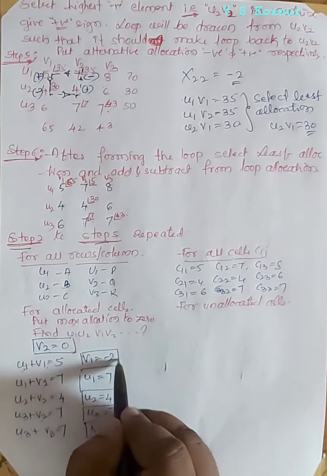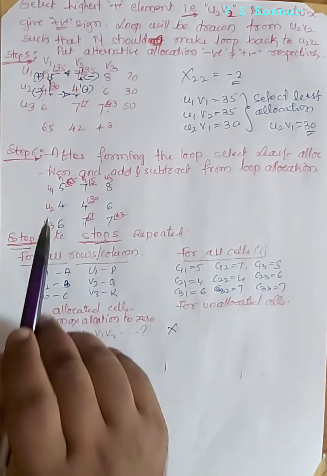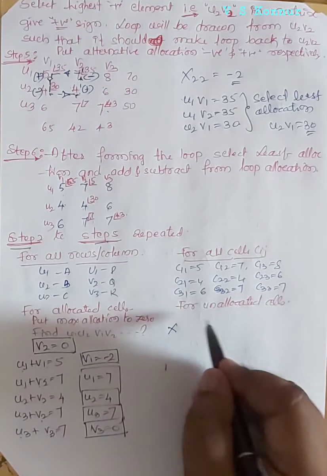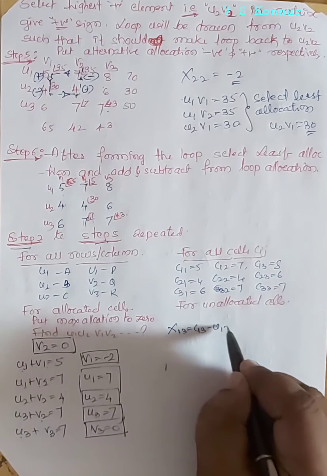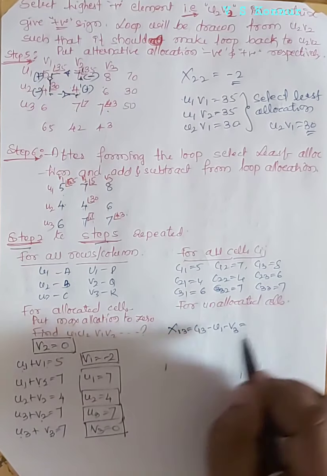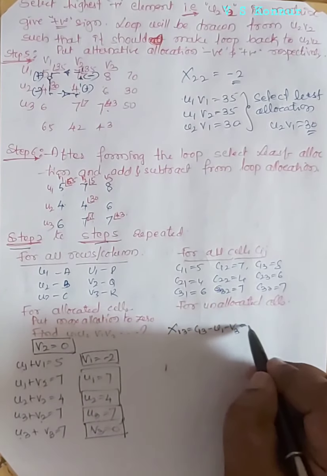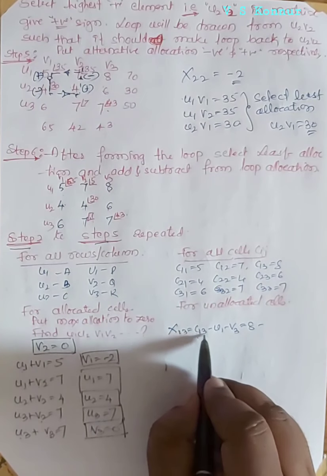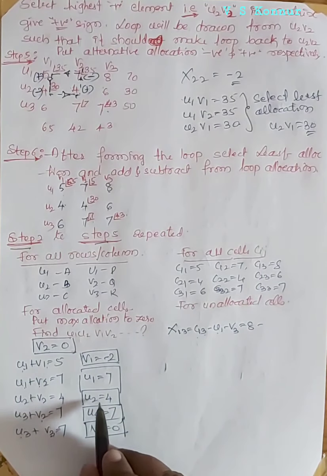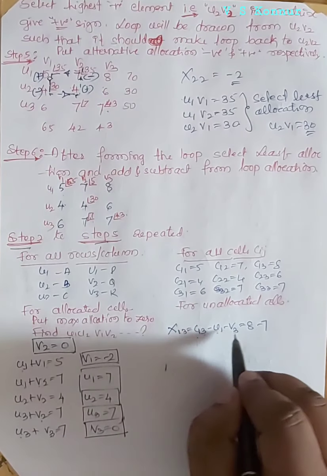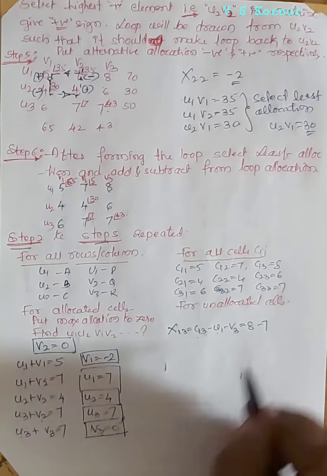Right. Now for all the unallocated cells, we will calculate here. This is unallocated X13. X13 is equal to C13 minus u1 minus v3. C13 is equal to 8. 8 minus u1, u1 we have calculated, u1 equal to 7, 8 minus 7, v3 is equal to 0, so that is equal to 1 we will get.